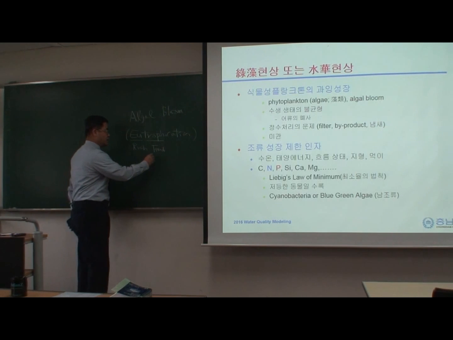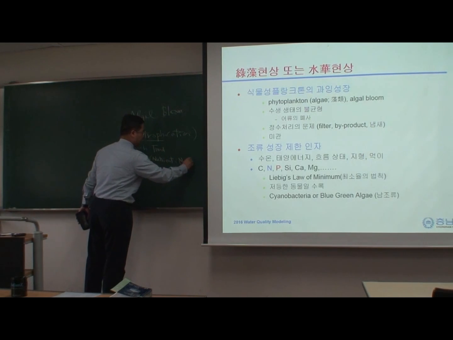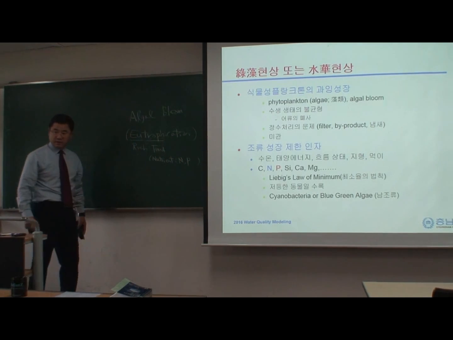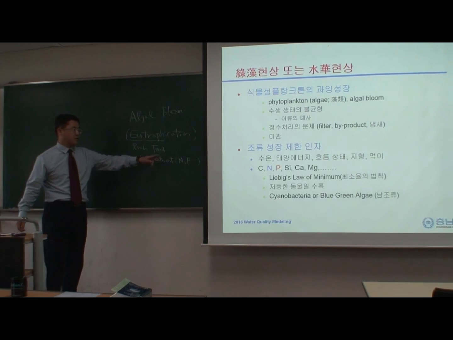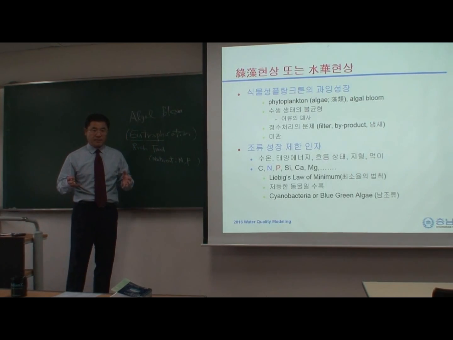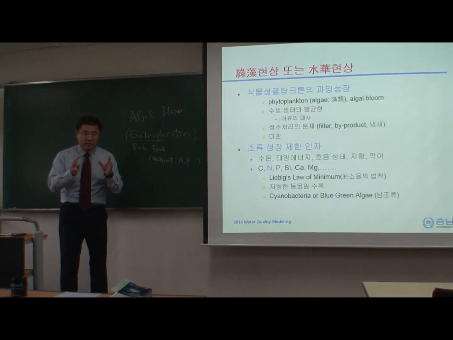And in here, food is nutrient, and in our case, nitrogen and phosphorus, etc. Okay? So if you have too much nitrogen or phosphorus in your water, that means you have too much food for phytoplankton.